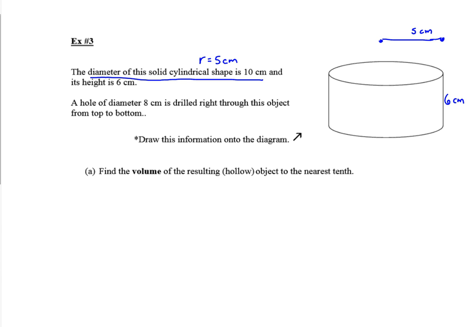Okay, now we want to cut a hole into this shape. Directly in the center of it, we drill a hole, diameter of 8, which really we want what? Radius of 4 is drilled right through this object from top to bottom. So we're going to drill a hole.